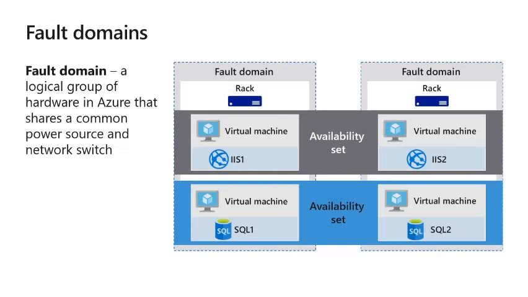If in a data center one logical unit fails, and you have all the resources in the same logical group, then even having two or three virtual machines doesn't make sense, because all the virtual machines are gone. So you need to create virtual machines according to the fault domain, so that if one logical group fails, you still have other available virtual machines.